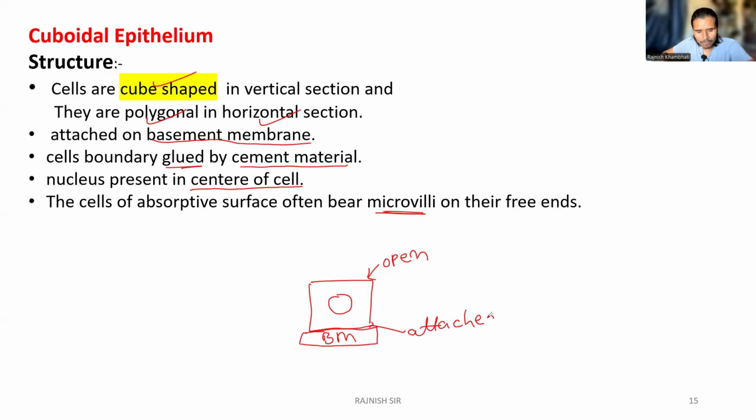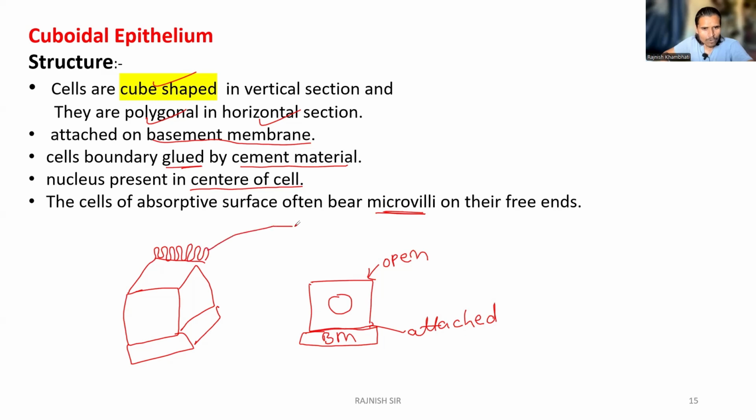So some tissues sometimes, on their open side, possess villi. See the diagram I'm drawing. Villi means finger-like projections like this, which are called microvilli.